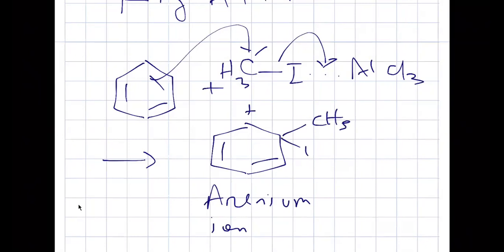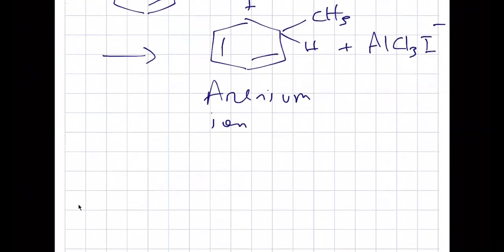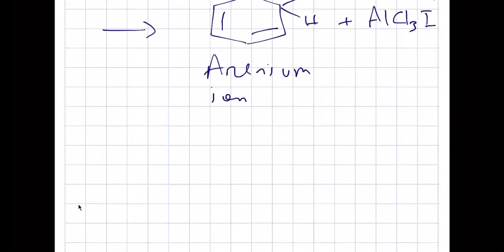And remember, there's a hydrogen here, and that'll be plus AlCl3. Just gonna put the iodine out here, and that's negative, right? So you end up, again, once the ring attacks, you generate an anion and an arenium cation, and then that anion is your base for the next step, right? So for rearomatization.